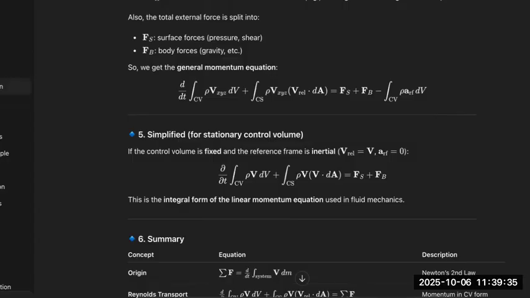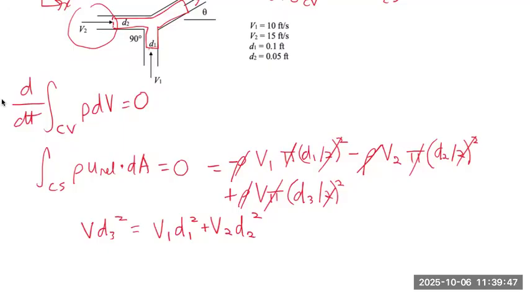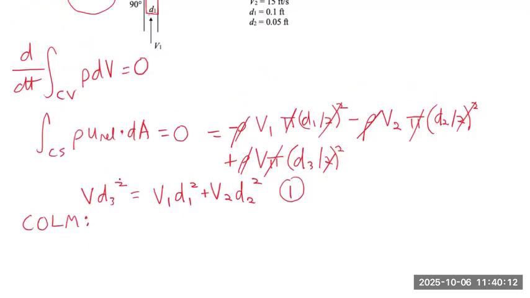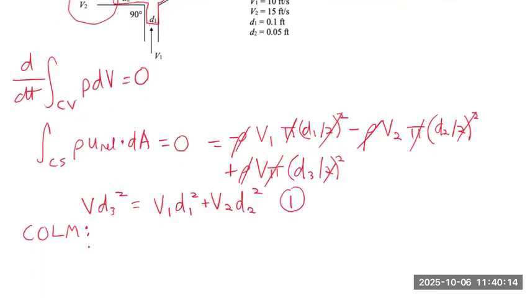So let's go ahead and do that. So let's number this equation 1. And our second equation comes from conservation of linear momentum. And we're going to use the form for a simplified control volume. And we're going to break it up into x and y coordinates.